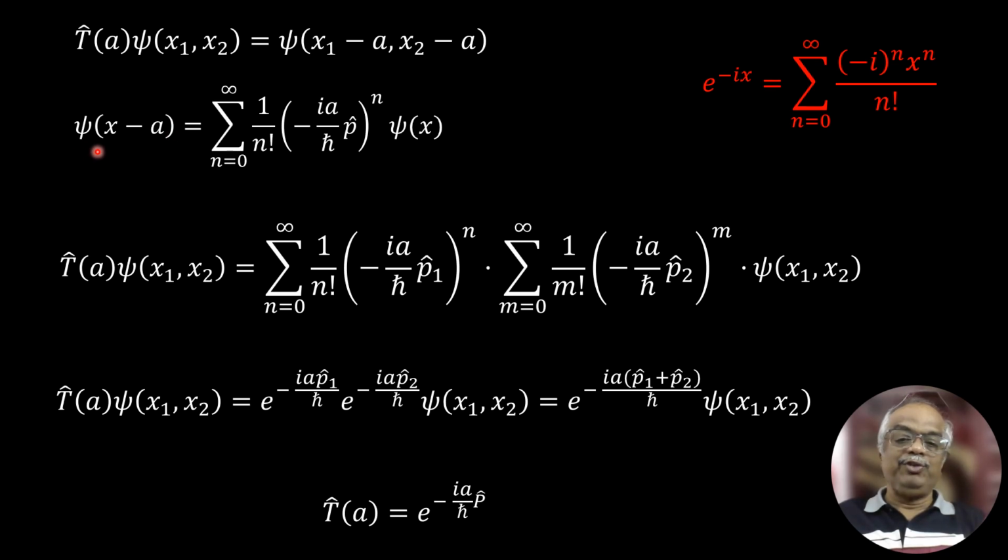Now we have seen from the Taylor series expansion that psi of x minus a is given as the summation over n equal to 0 to infinity of 1 over n factorial times minus i a over h cross times the momentum operator, whole power n, multiplied by psi of x.